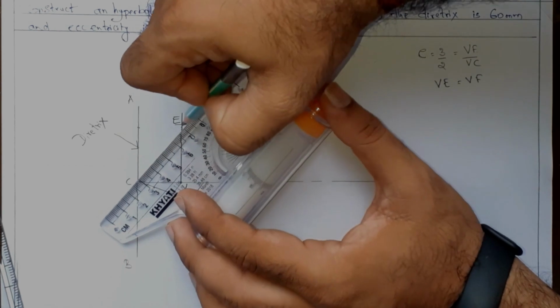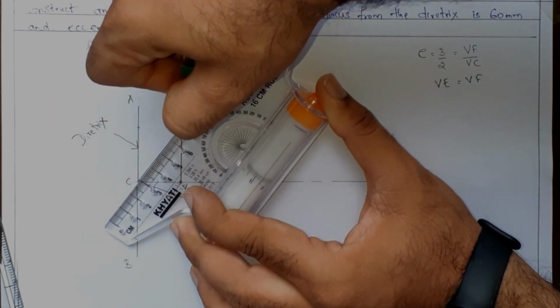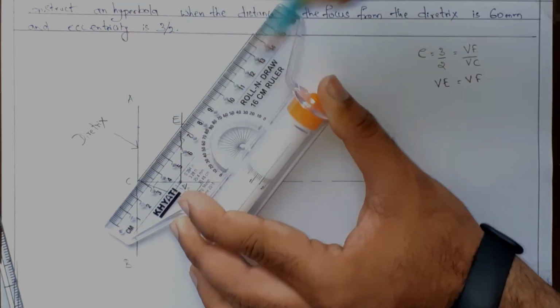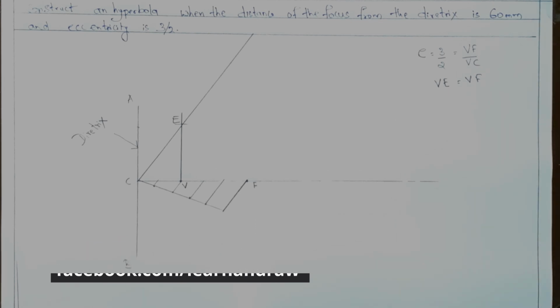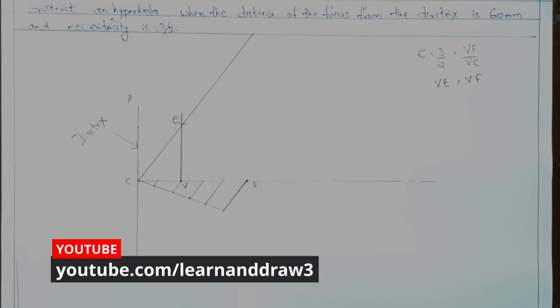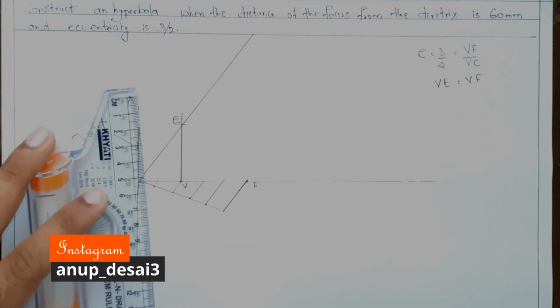So, here we go, we are joining the line CE and extending it. Next, let us draw vertical lines across the points VF, parallel to VE, to obtain the different points to draw the curve of the hyperbola. So, we will randomly draw the lines across VF.